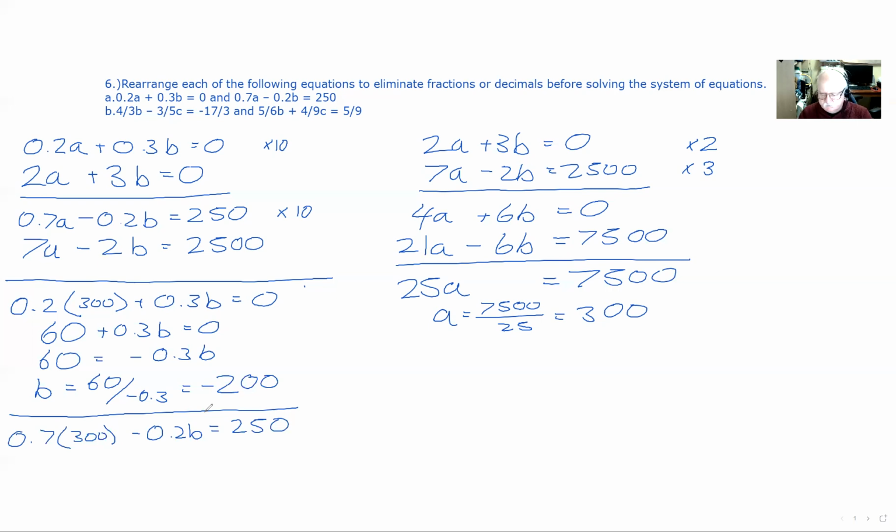So 0.7 times 300 is 210. Take away 0.2b equals 250. So negative 0.2b equals 250 minus 210, which should equal 40.